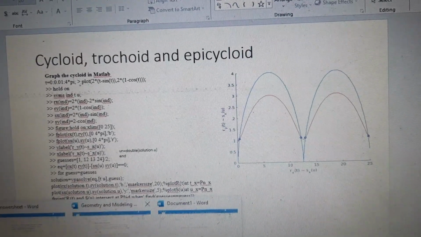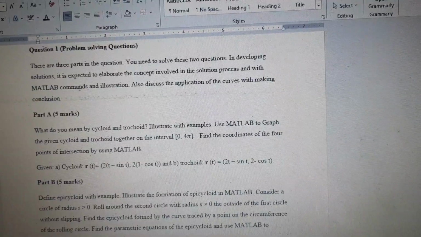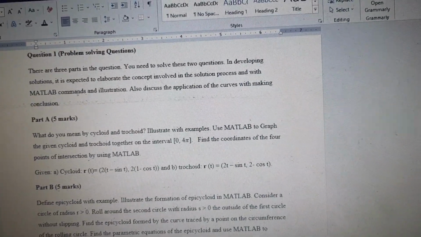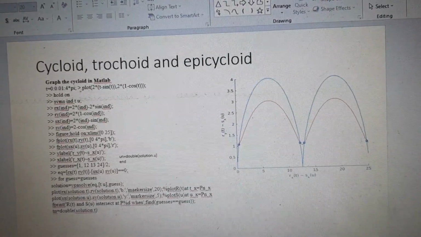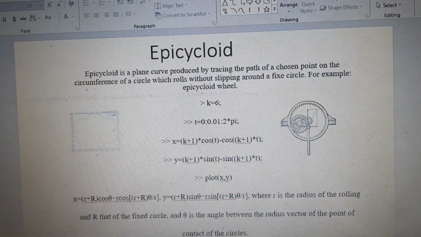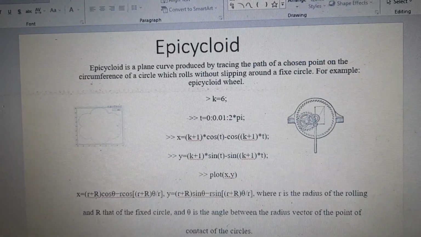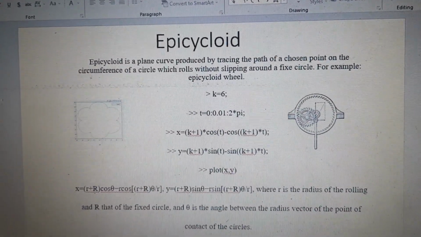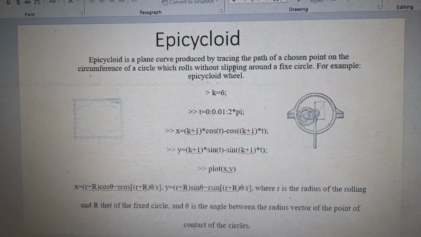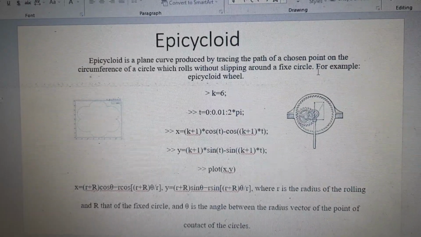Next one, part B: define epicycloid with example. For this question, the answer is here. An epicycloid is a plane curve produced by tracing the path of a chosen point on the circumference of a circle which rolls without slipping around a fixed circle.